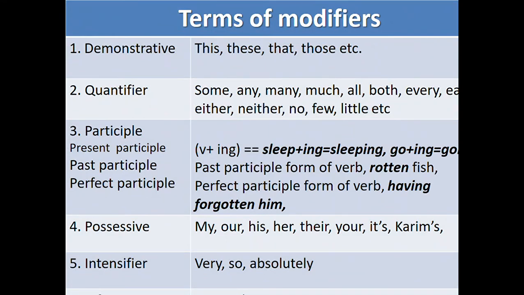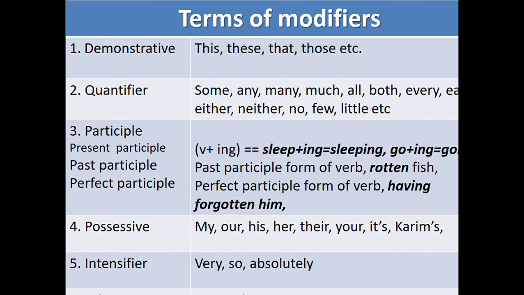Types of modifiers. Demonstrative: these, that, those, etc. Quantifier: some, any, many, much, all, both, every, either, neither, no, few, little, etc. Participle: there is present participle, verb plus ing, sleep plus ing, sleeping, go plus ing, going.